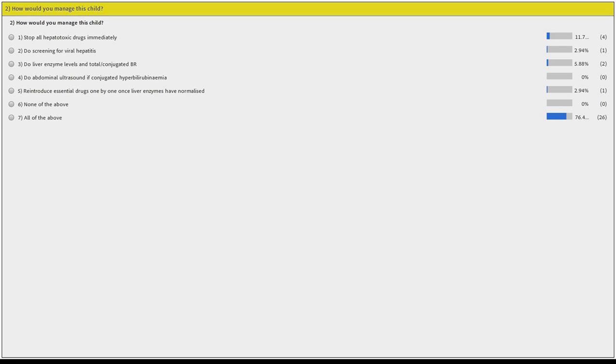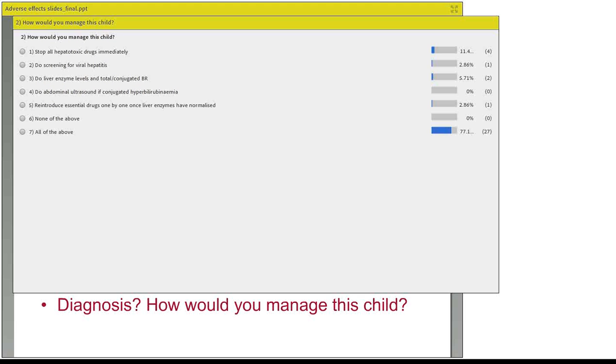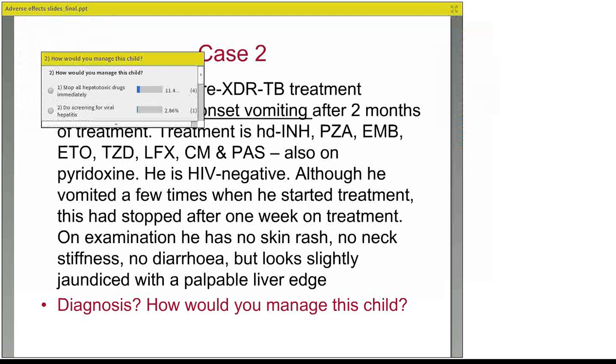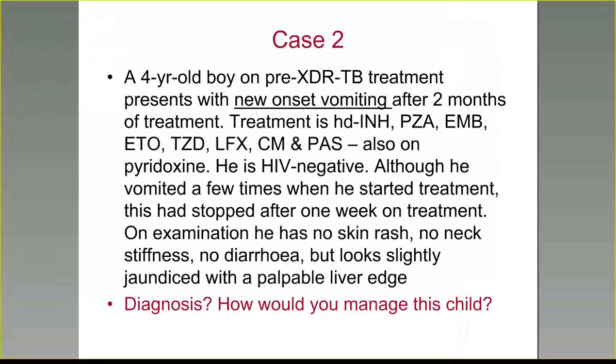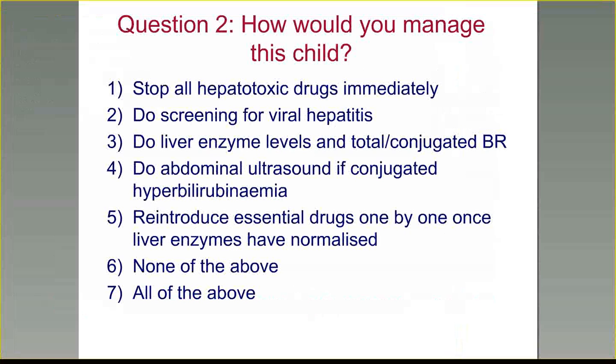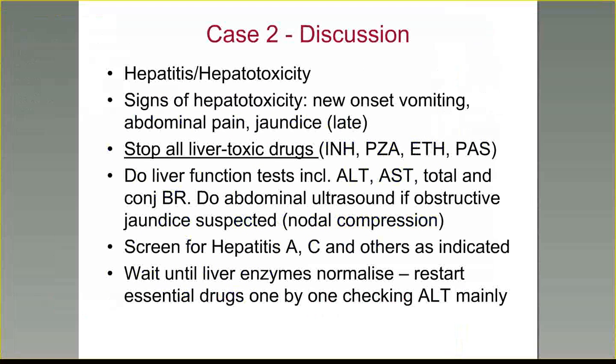Okay, it seems like as you read through the possible answers and you come to the last one, people realize that all of the above could be correct. And that is actually the correct answer in this specific patient. So, clearly this child should be considered as having hepatotoxicity or some other kind of hepatitis.